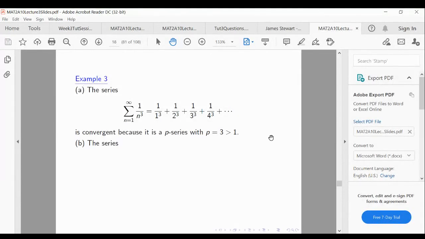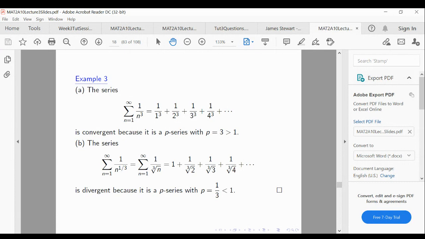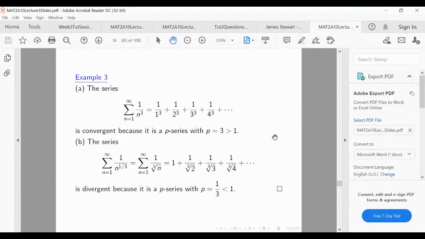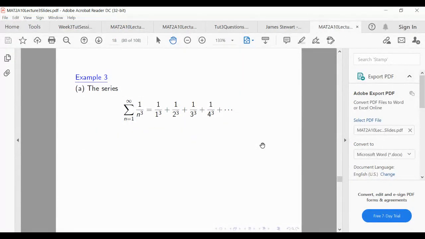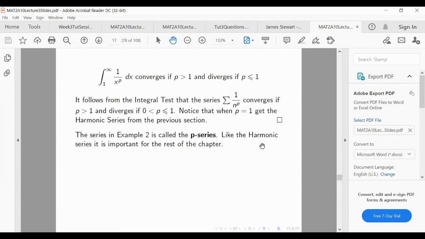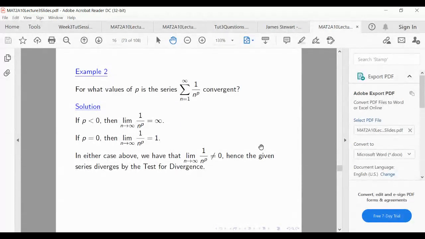I'm going to show you what we need and explain to you what to do, and then maybe we can look at it next week, because we do need to do the material on estimating sums first. So we ended our lecture on Tuesday with the end of example 2.